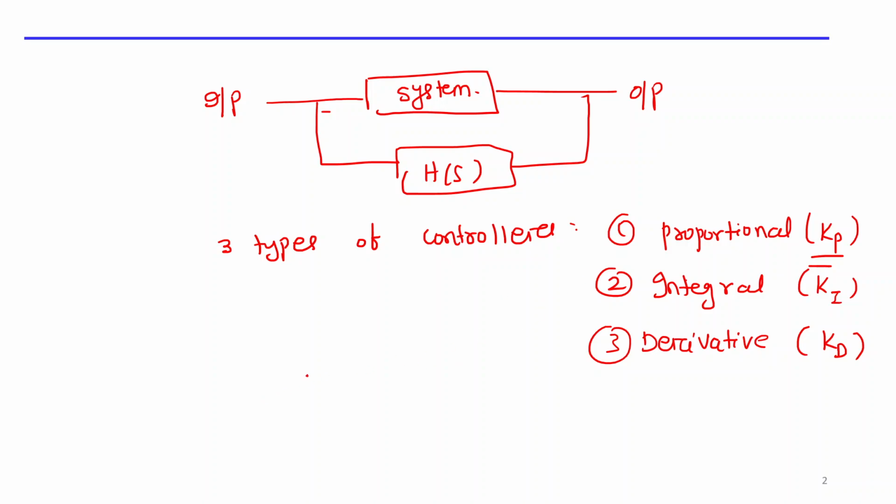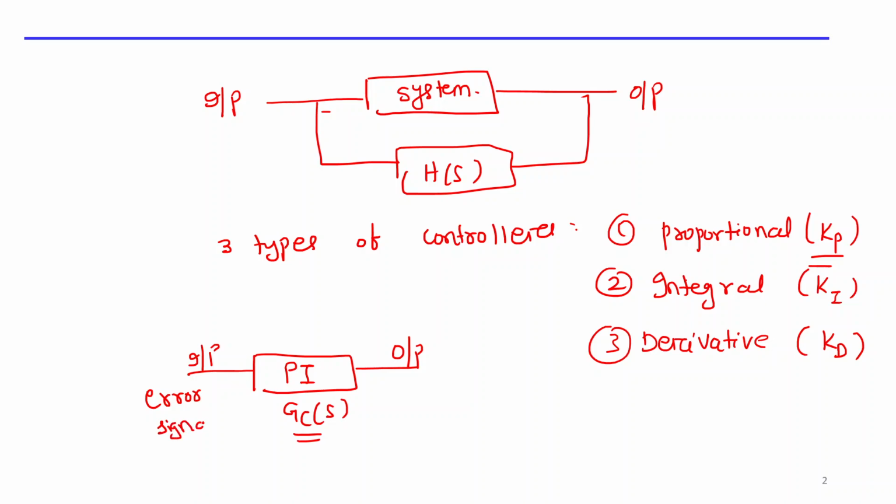So by combining, I can get a PI controller. You can say this is one block diagram where the gain of the compensator is Gc(s); its output is the input of the system, and the input to the compensator is the error signal.